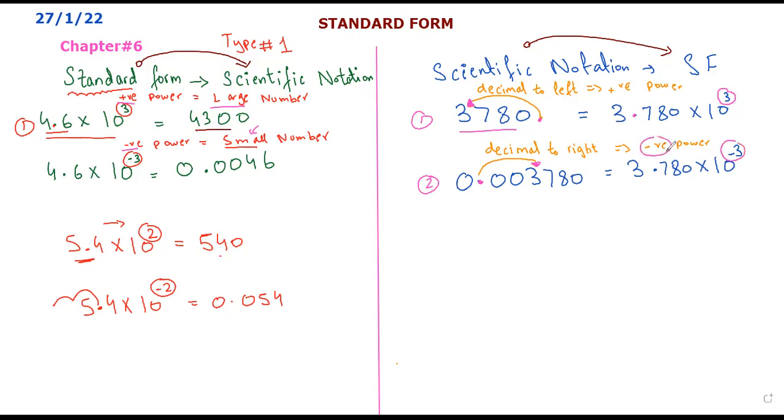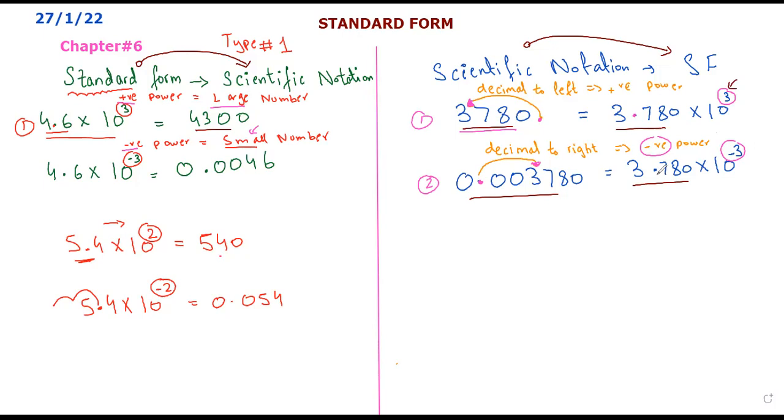Yes, ma'am. And you can also think of it this way, that this number is smaller than 3.780, so you will have a negative power, right? And this number is bigger than 3.780, so you will have a positive power. Whatever way you learn, that is your choice, but this is the concept, right?